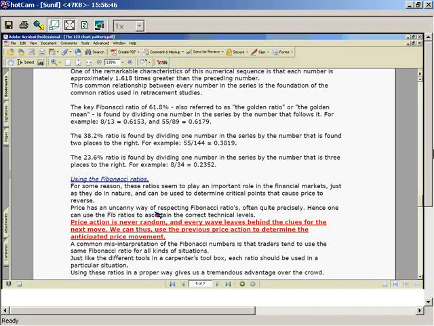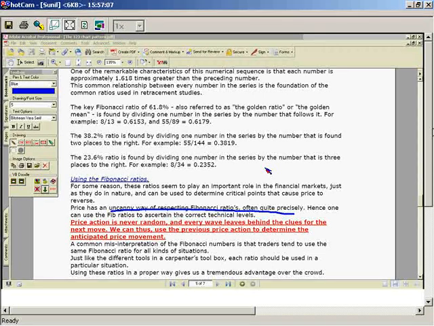Just go right ahead. Now these ratios really play an important role in the financial markets. Price has a very uncanny way of respecting these ratios very, very accurately. And if you know this fact, that price respects the Fib ratios very precisely, you can use this to your advantage.